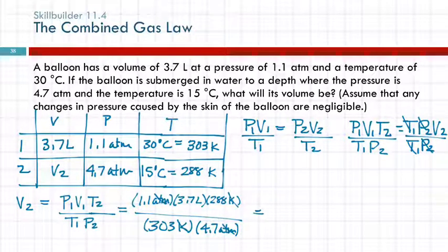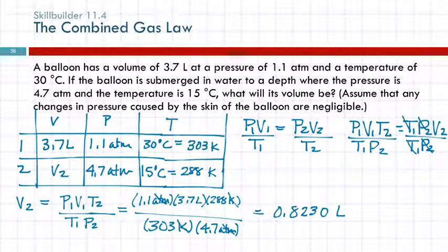If you really like multiplying in the denominator, then after the 288, I'm going to divide, and I'd have to use parentheses, 303 times 4.7, and then close the parentheses to make sure that my calculator understands what I'm telling it to do. 0.823. The unit would be liters.